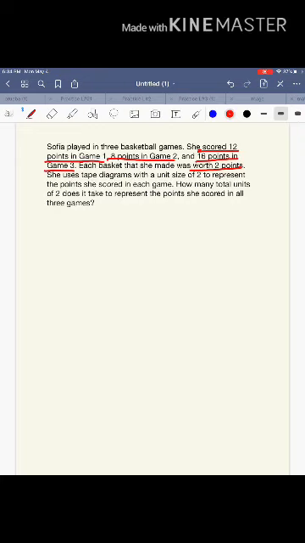Okay, so the next thing it says, she uses tape diagrams with a unit size of 2. Unit size, important, to represent the points she scored in each game. How many total units of 2 does it take to represent the points she scored in all the 3 games? Okie dokie.